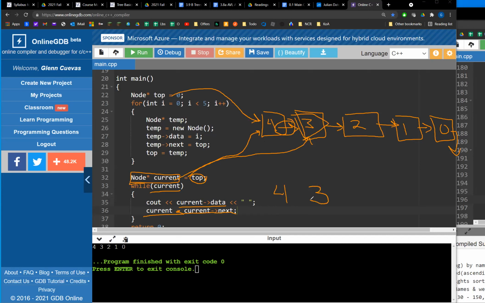So we go and spit out 3. Reads the next pointer, which is the 2 box. So current now points over to 2. And so on, points to 1, points to 0, and then points to null, which causes our loop to stop looping, and our program finishes.